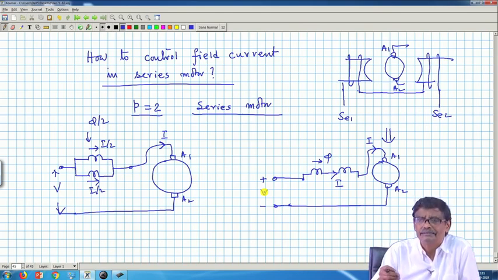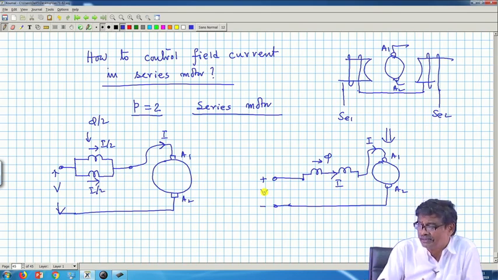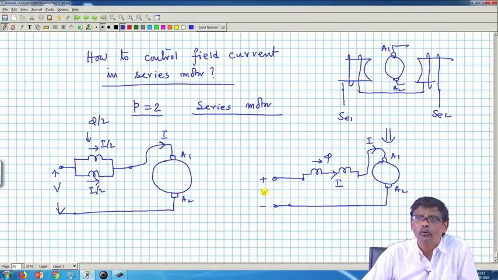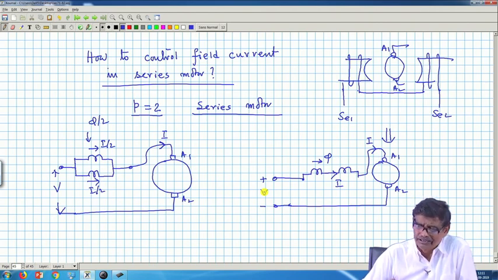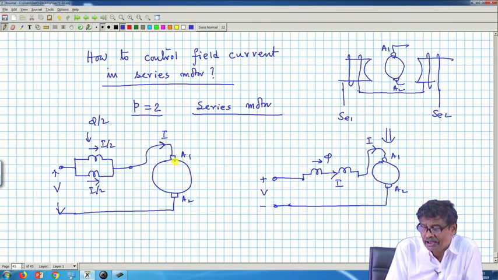Armature resistance, and whichever things are connected in series with the armature, for example, field coils, have a very low value of resistance. So, to understand what is happening very quickly, you neglect those resistances and you can reach the correct conclusion very quickly. For example, let us assume RA is vanishingly small, RAC is vanishingly small.